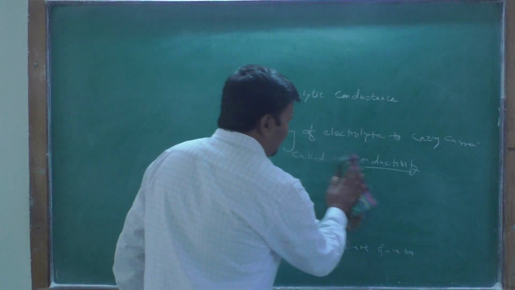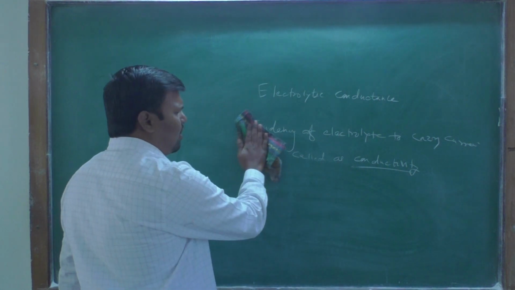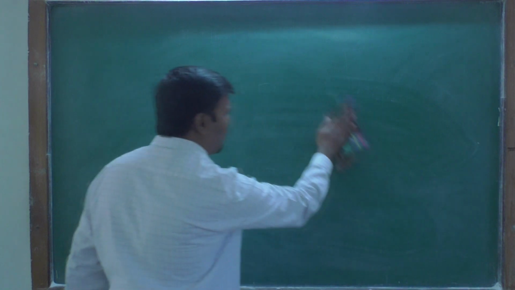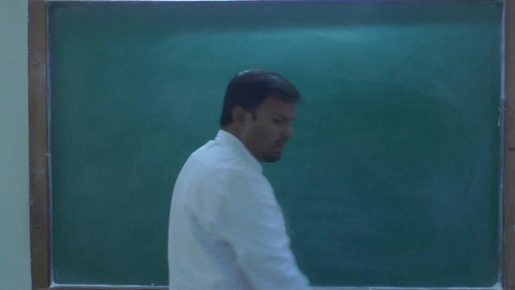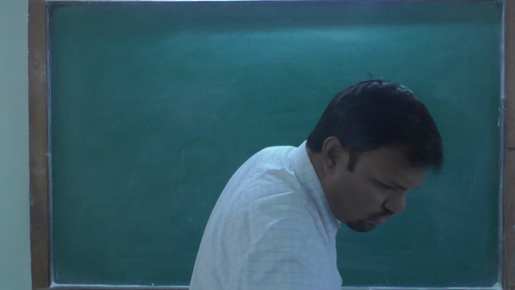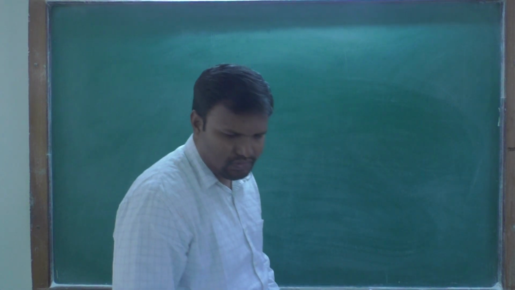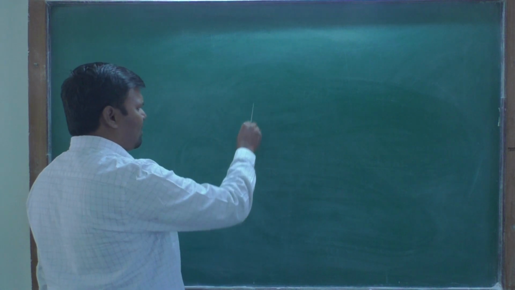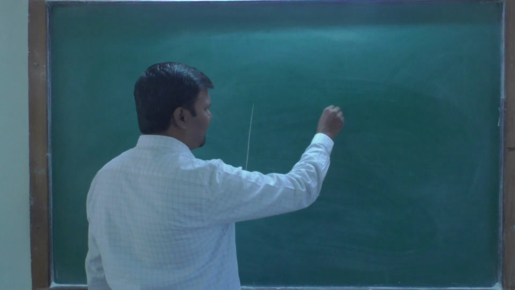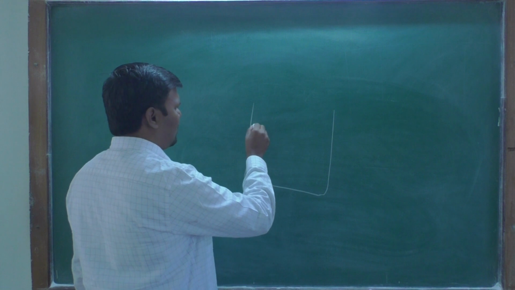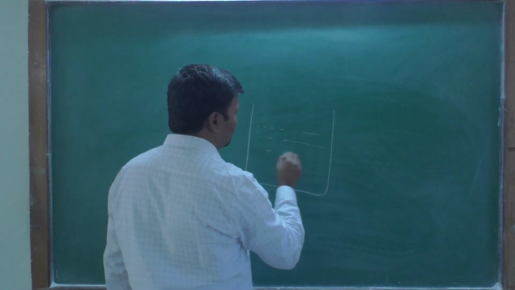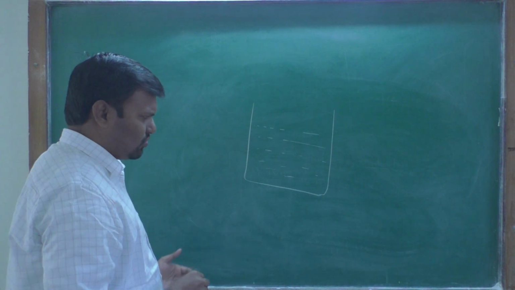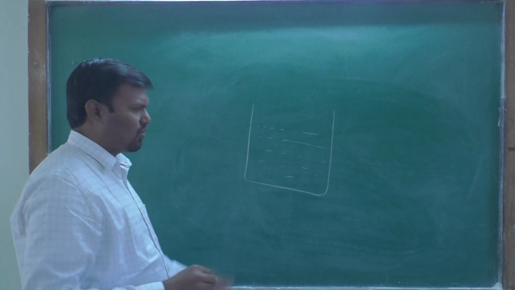Now we will discuss how an electrolyte is actually responsible for carrying the current. Suppose we have an electrolytic solution, say NaCl, which gives Na plus and Cl minus, and that is responsible for carrying the current.